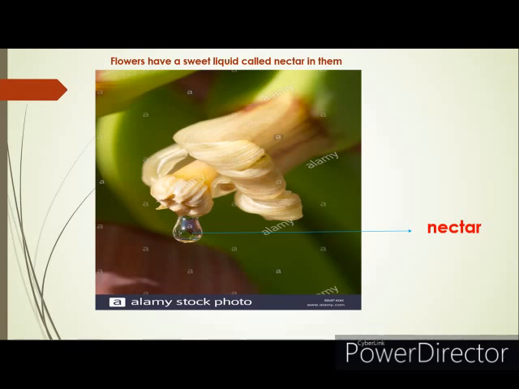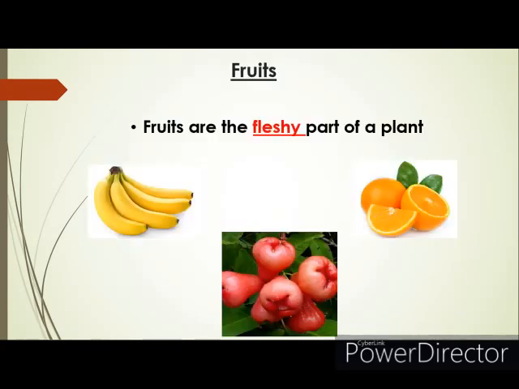Most flowers produce a sweet liquid called nectar. Understand? What is the spelling of nectar? Nectar. And next is fruits.